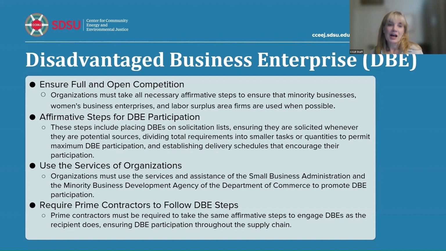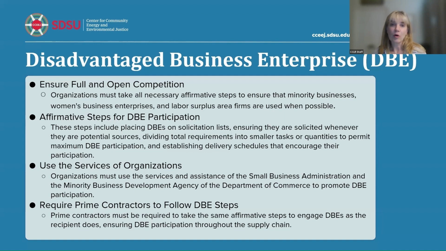Okay. Requiring prime contractors to follow DBE steps. Now, in procurement, when you are doing an RFP, request for proposal, or even a request for qualifications, you could ask, how are you going to be promoting or ensuring full and open competition with DBE organizations? So you can put it right there in the procurement documents.